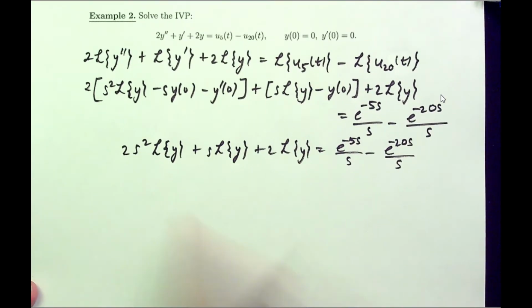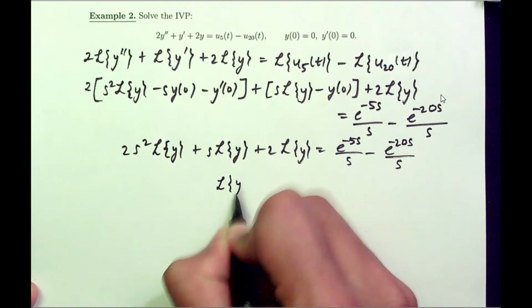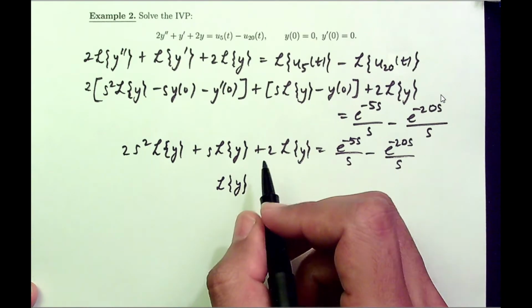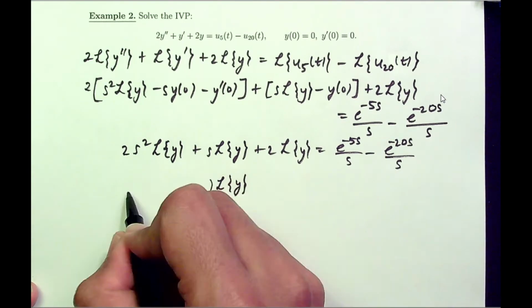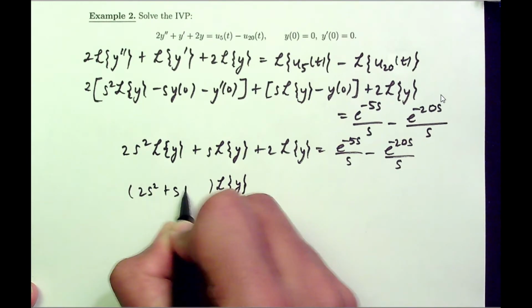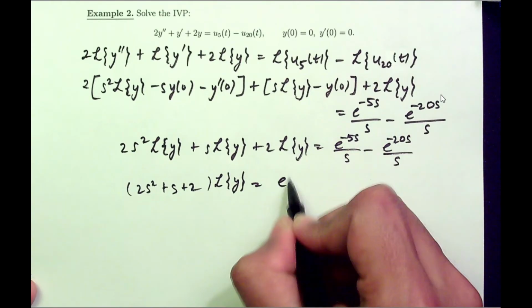And now we can factor out the Laplace transform, where the coefficients would be 2s squared plus s plus 2. And then you still have that.